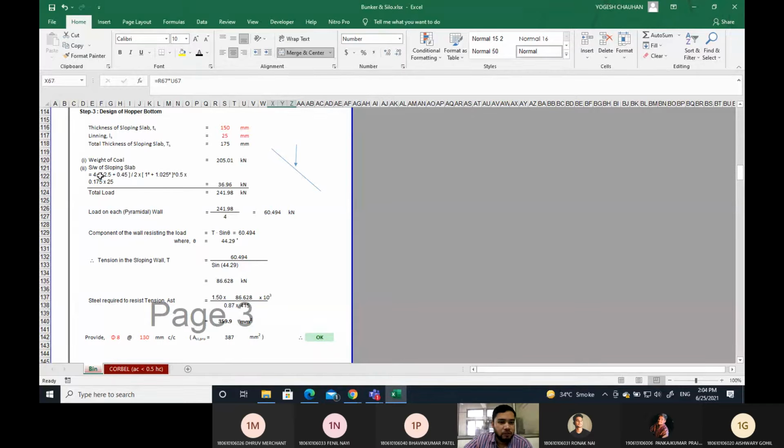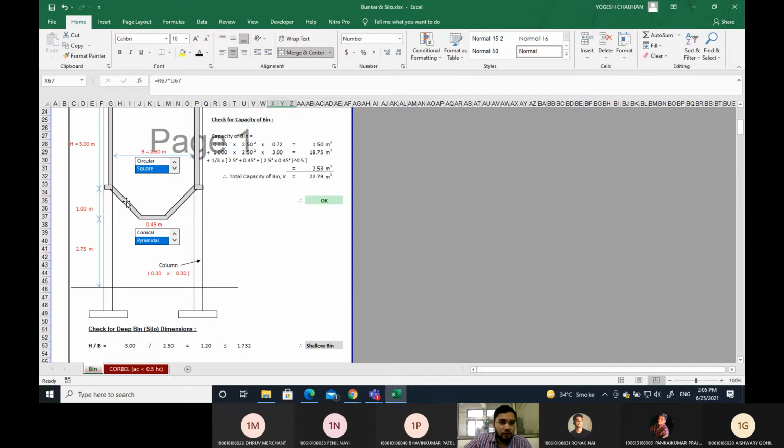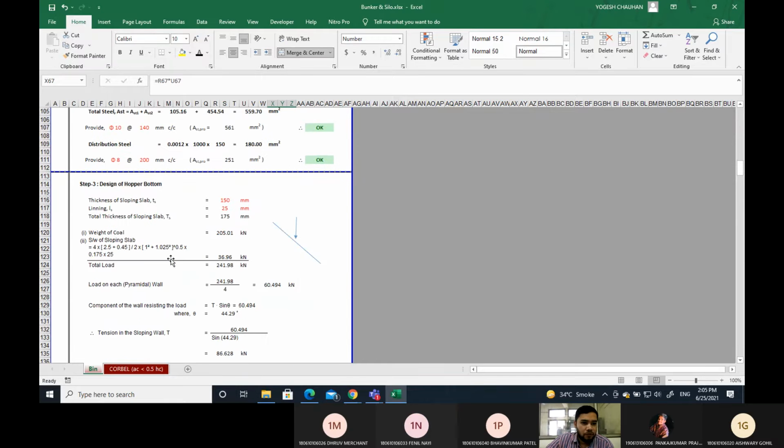The weight of the sloping slab was calculated as 4 times the average width, that is, upper width and lower width: 2.5 plus 0.45 by 2, the average width at the mid height of the bottom hopper, times the slant height.